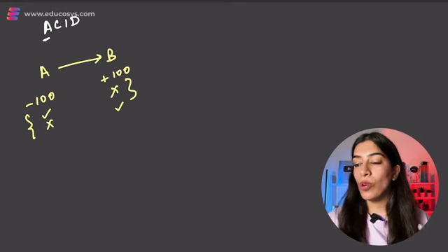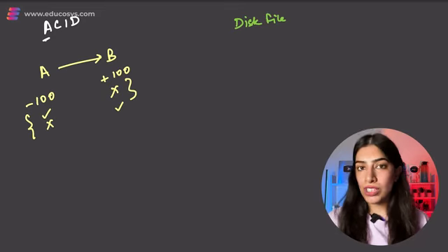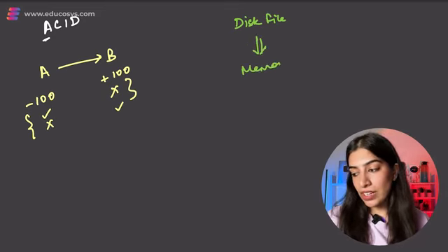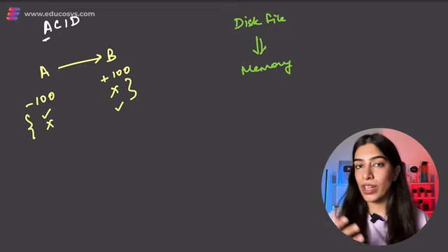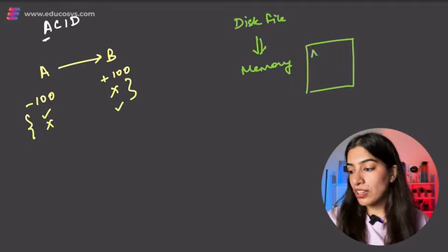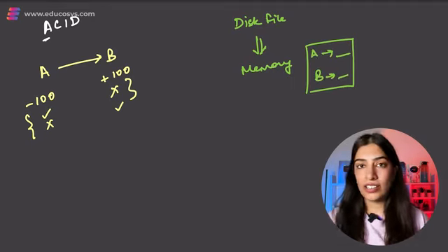Now let's discuss what we saw in SQLite. There is a disk file, and whenever we want to make some changes to it, we bring the pages to memory. In this example, suppose we have to make the transaction from A to B. Suppose there are two pages where this data is, and we bring the pages to memory and update the values for A and B. So we did the transaction, minus 100 plus 100, in memory.